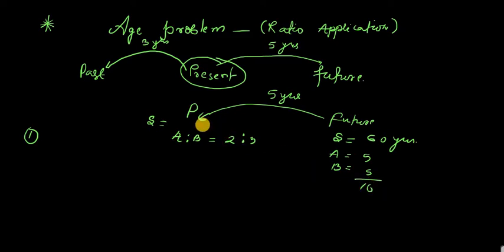So from 60 years, subtract 10 years, and we get 50 years, the sum of the present ages of A and B.